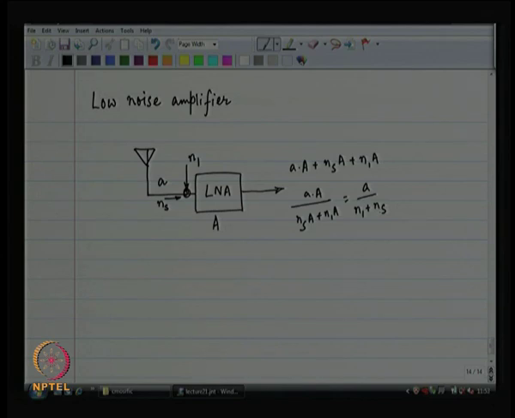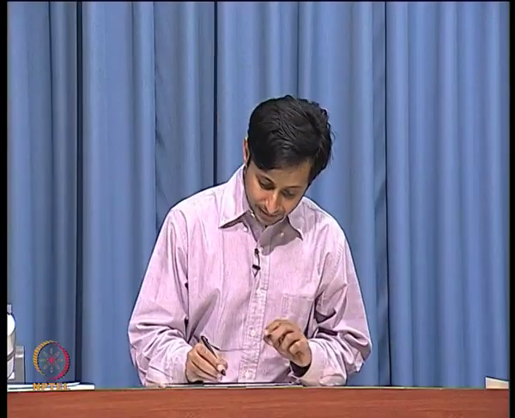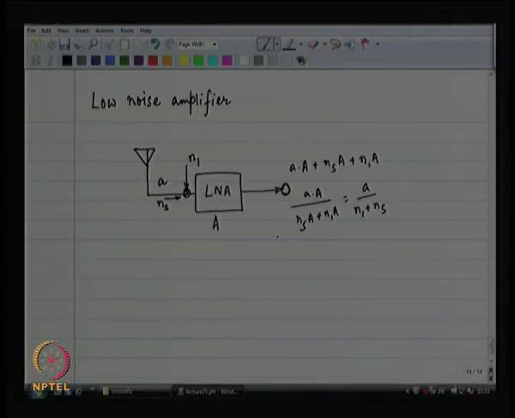So, what I am trying to do over here is I am trying to make sure that A is large, A is a large number, so that if I add further noise over here because of my subsequent systems, that further noise becomes irrelevant to me.